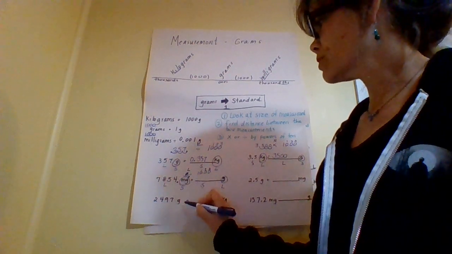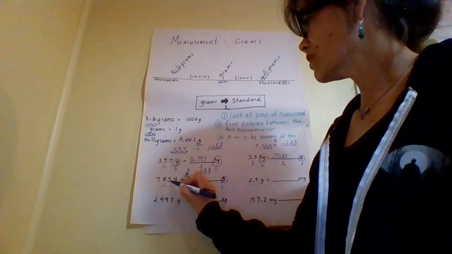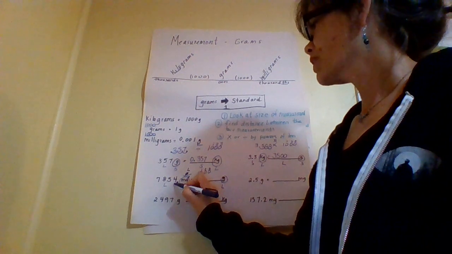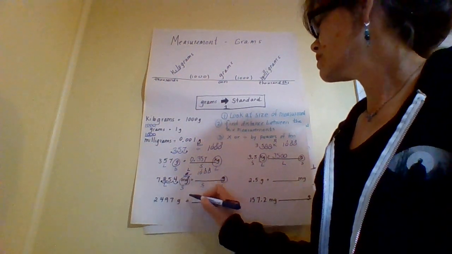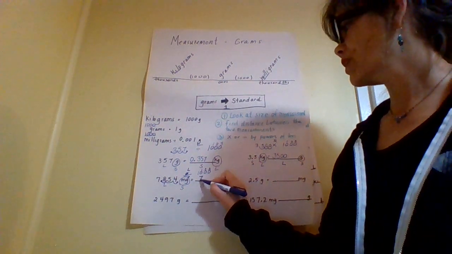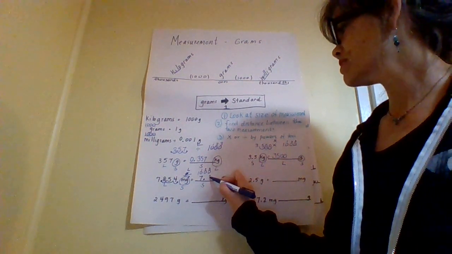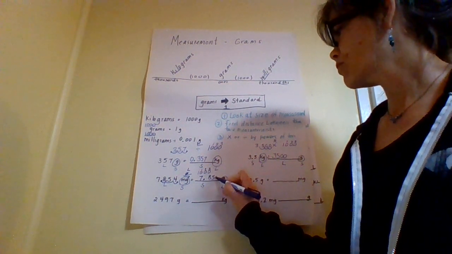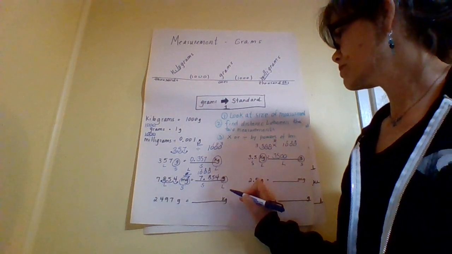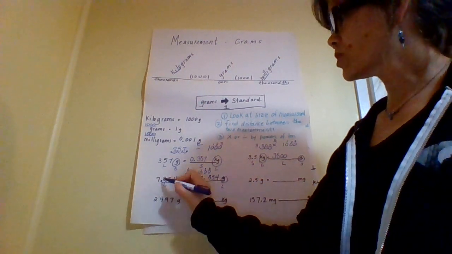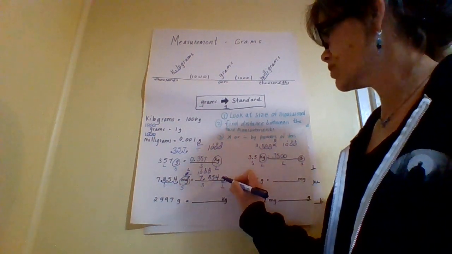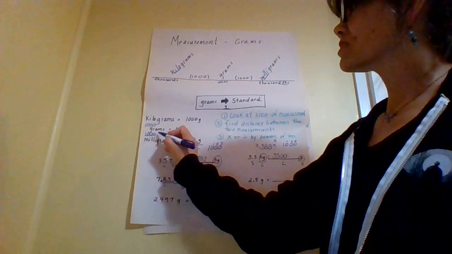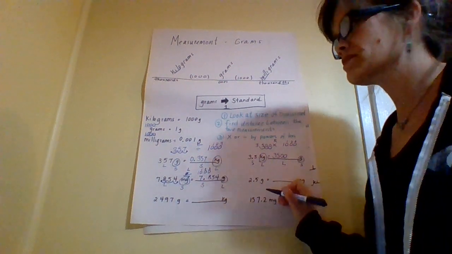So we write in our decimal point, and we count 1, 2, 3 decimal places to the left. And our answer is 7.854 grams. So it started out being 7,854 milligrams and it ended up being 7 grams. And we know the distance is 1,000, so that makes sense.